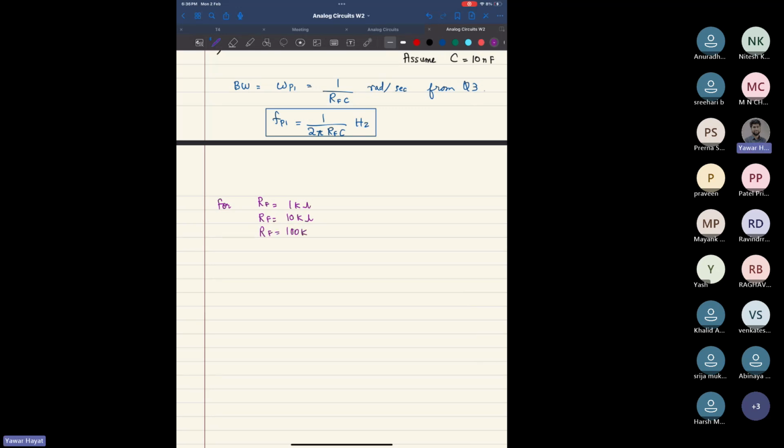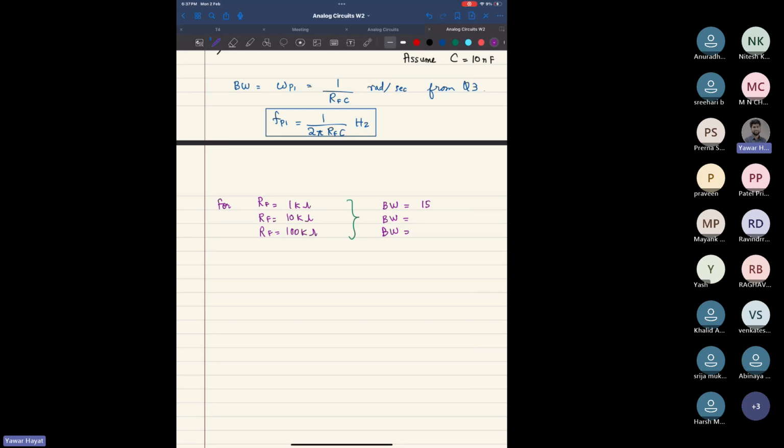The last one is 100 kilo. Corresponding bandwidths would be, what would be bandwidth corresponding to this? Compute and let me know in the chat. It's simple, right? I need three bandwidth values corresponding to these three values of RF.